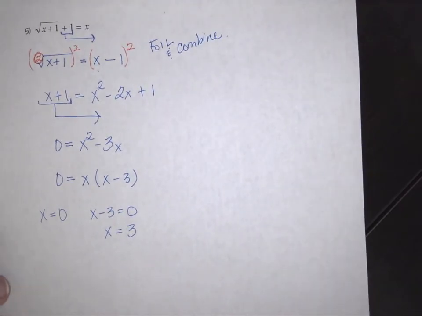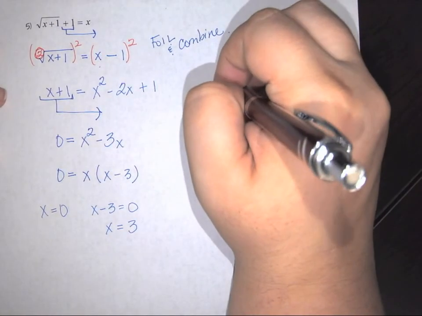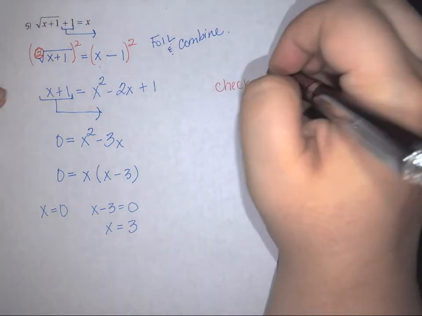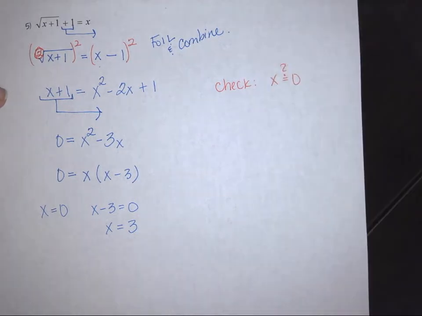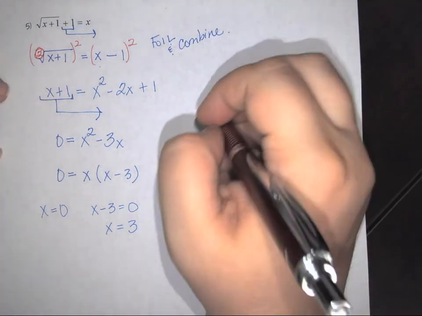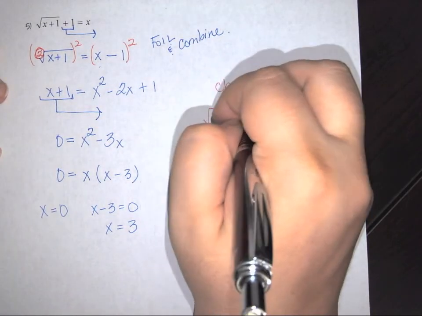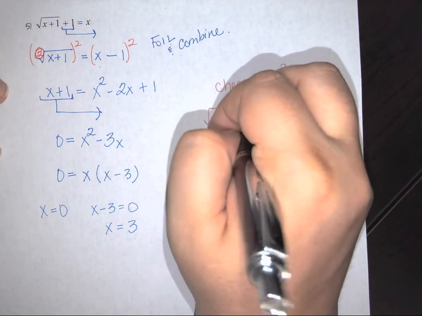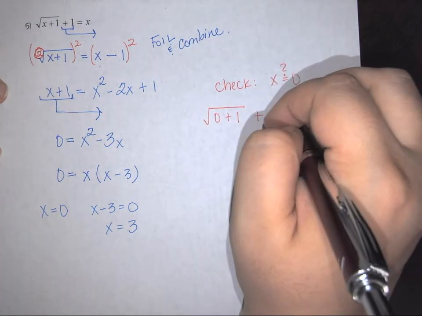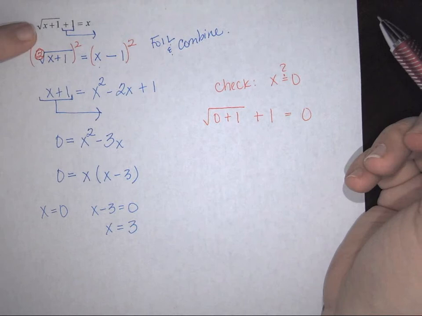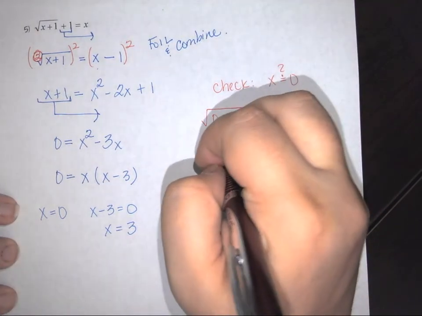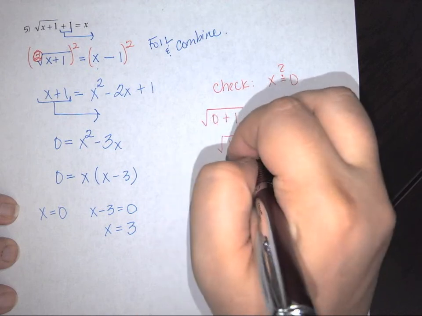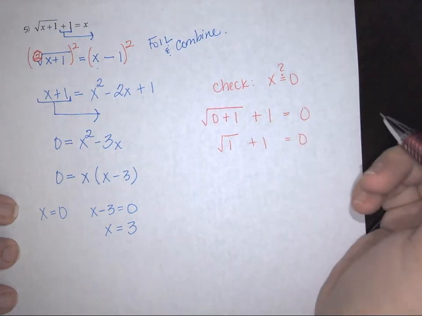Now, in this case, I have two solutions that I have to check. The first thing that I'm going to check is that x equals 0, and I want to know if this works. So I have the square root of 0 plus 1, plus 1 should equal 0, because anywhere you have an x, you have to plug in your value. 0 plus 1 gives me the square root of 1 plus 1 equals 0.